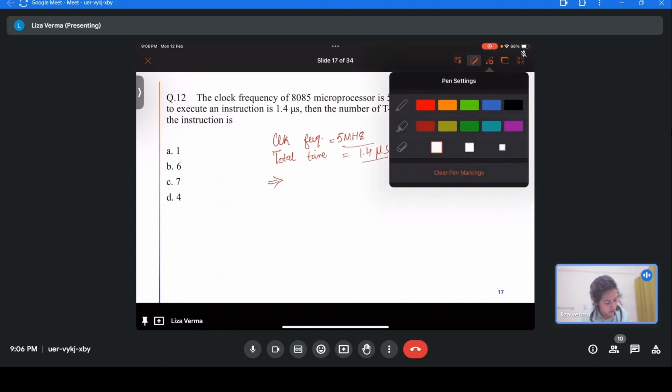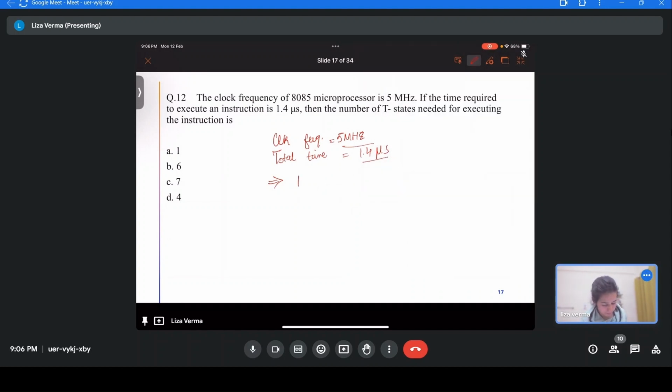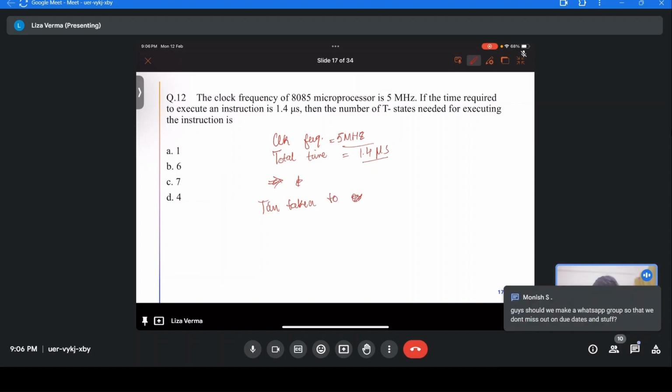So we need to calculate the time taken in one T state.